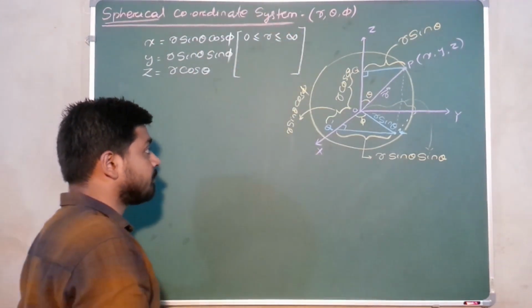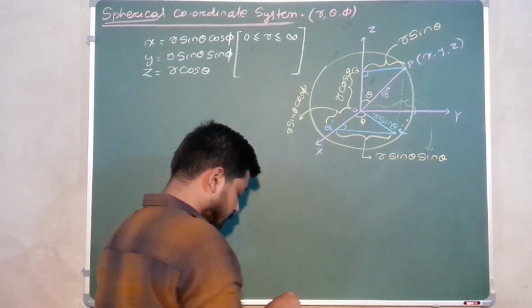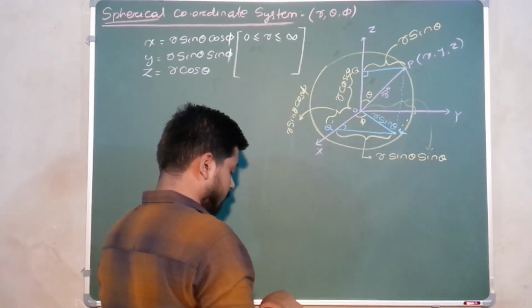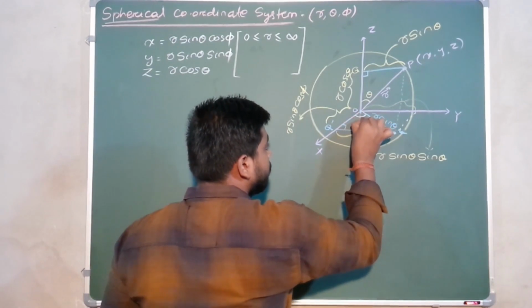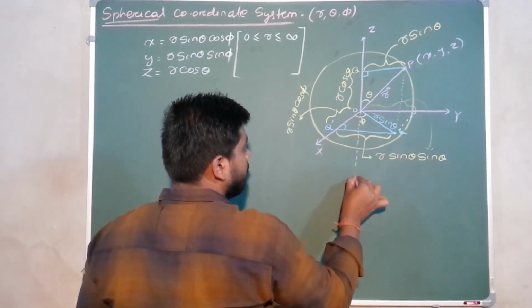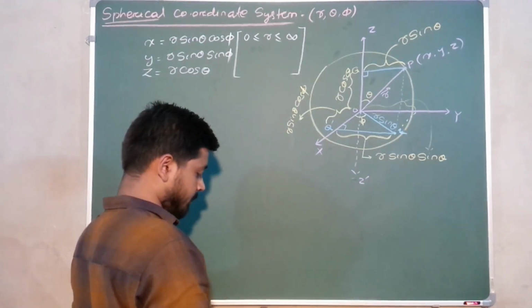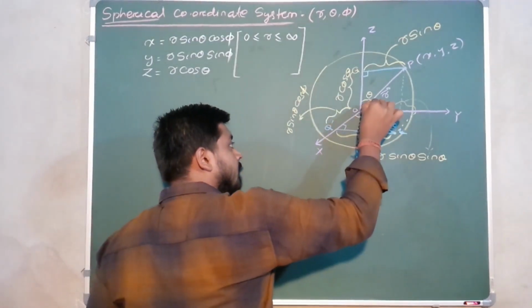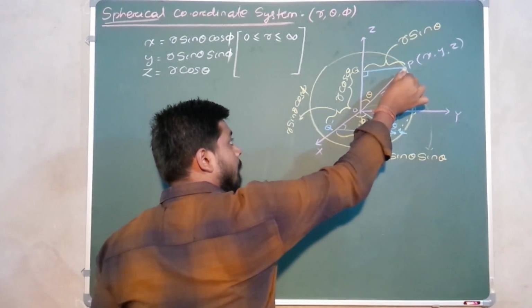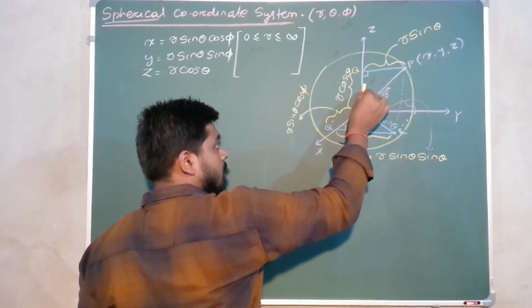Just see here. This is the negative z axis. That is, you can write here z prime. Yes or no? Theta starts from here. If the point P is on Q, then theta starts from here. Just see.